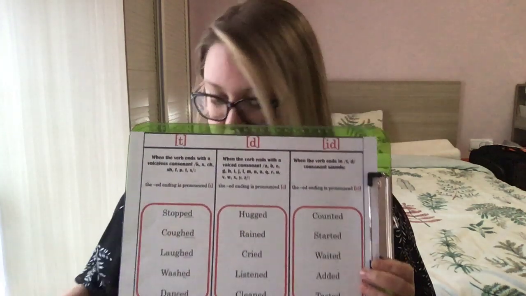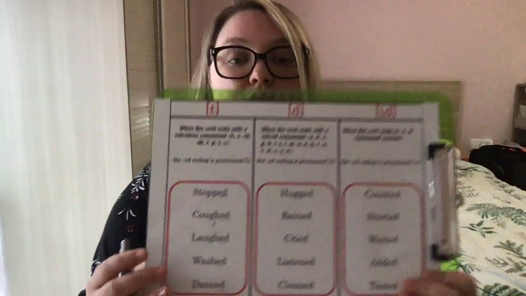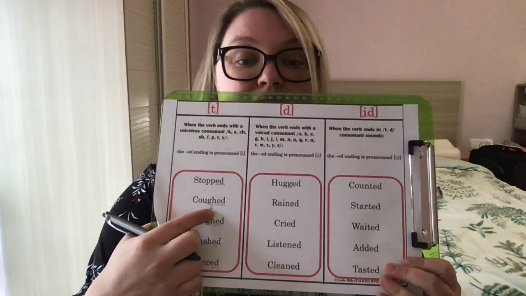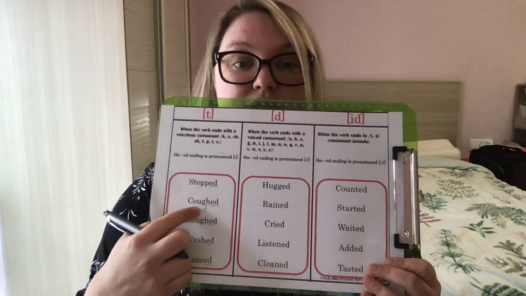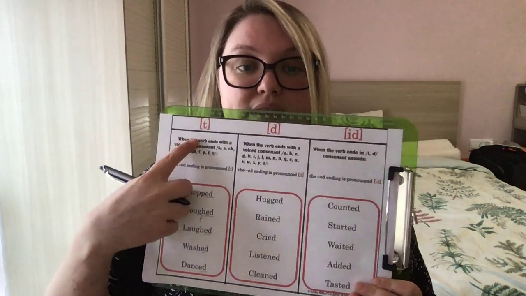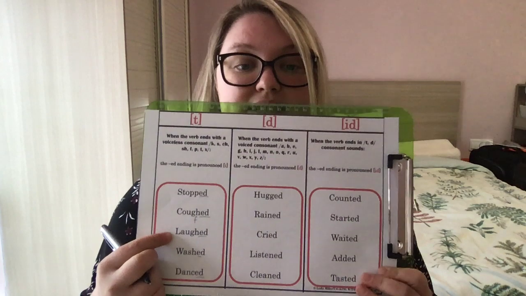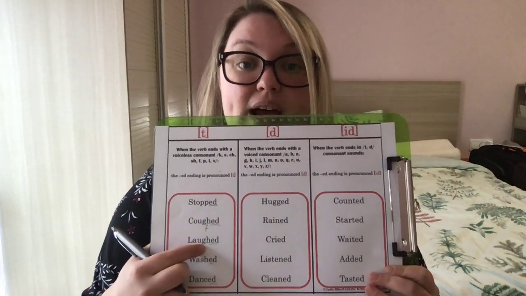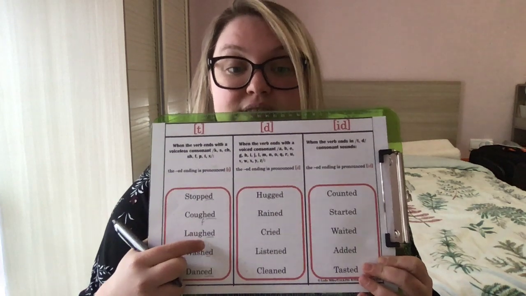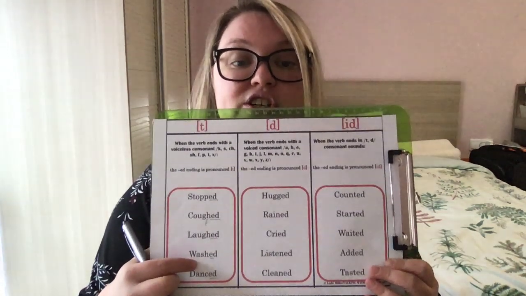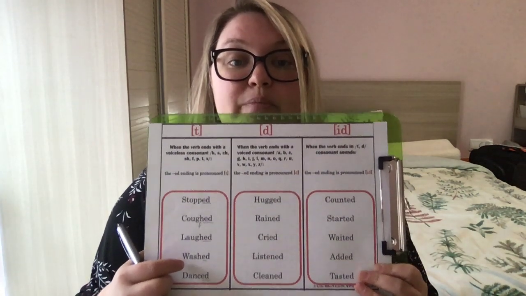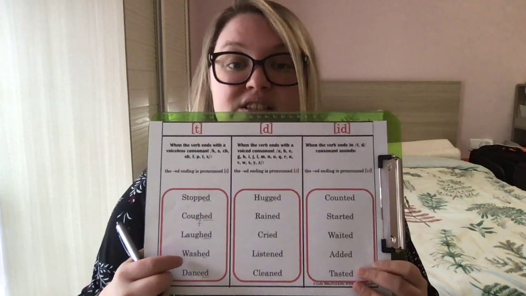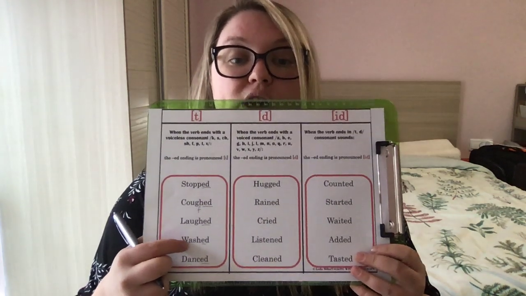The GH here in coughed makes an F sound, which is why it makes a T sound. Laugh, that GH makes an F sound, right? Wash, in the past tense, is washed with a T sound.